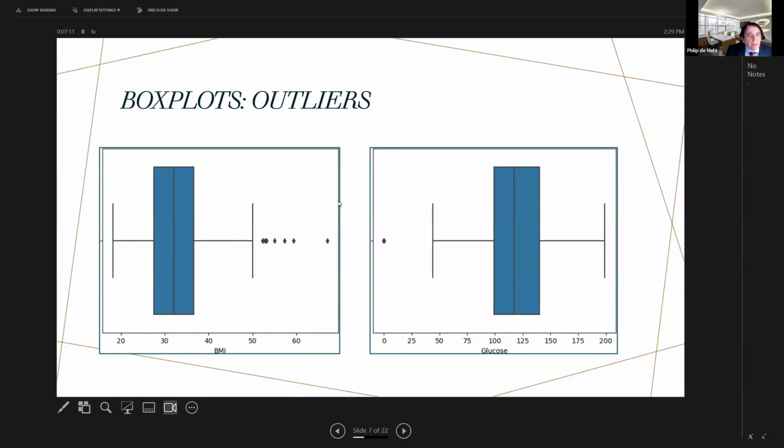In this example, we see outliers such as glucose 0. This is an outlier because a patient with glucose 0 is just a simple error in the data set. The same thing here: we have BMI over 60, which is quite high, and probably an outlier. You may ask why we have outliers.